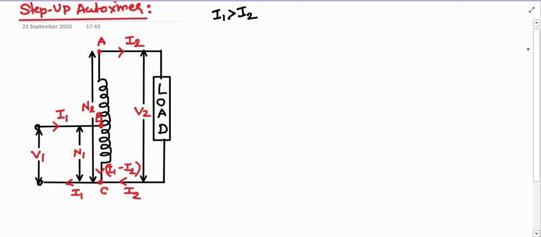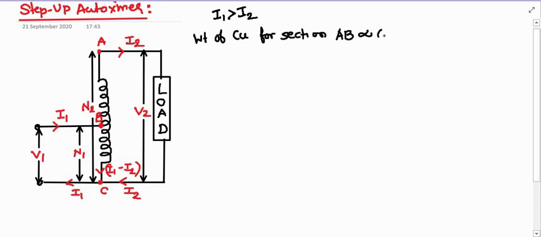So again we will start the derivation. Let us consider, first of all, the section AB. So the weight of copper for section AB is proportional to what?